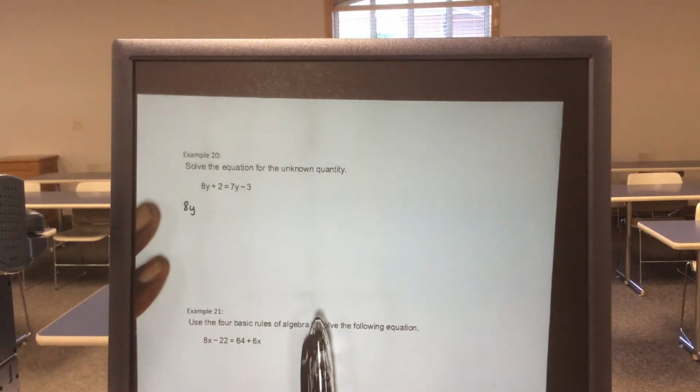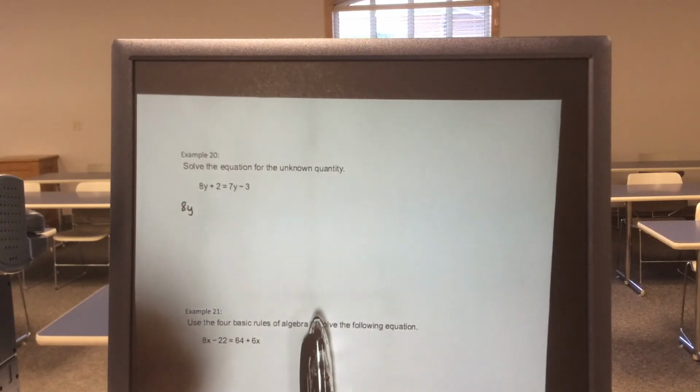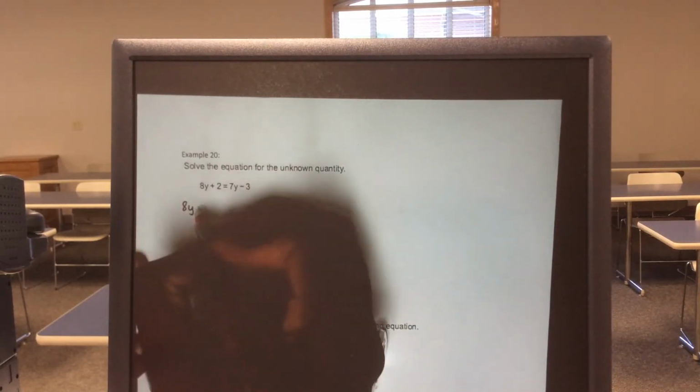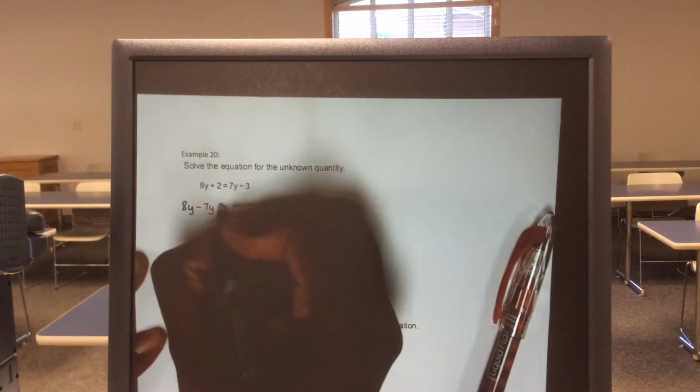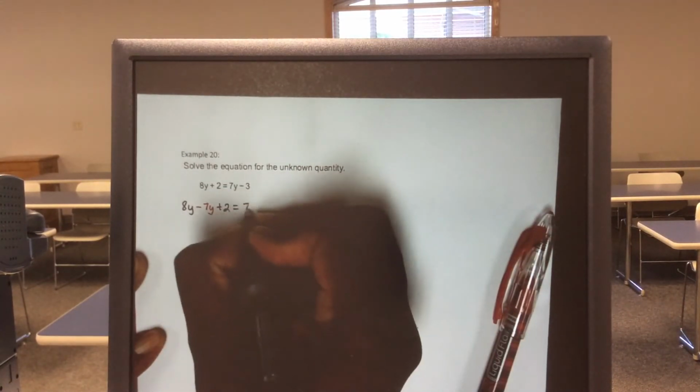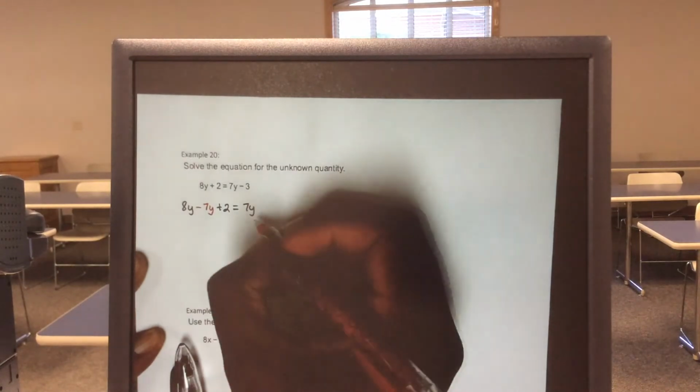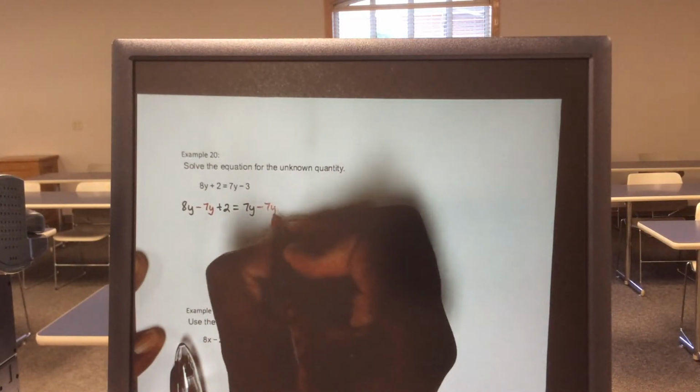I'm going to do that by subtracting 7y on both sides. So here I'm subtracting 7y on this side as well.